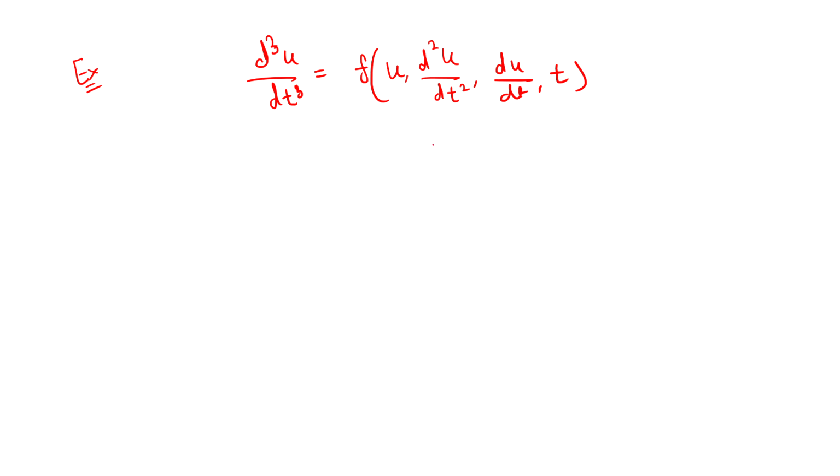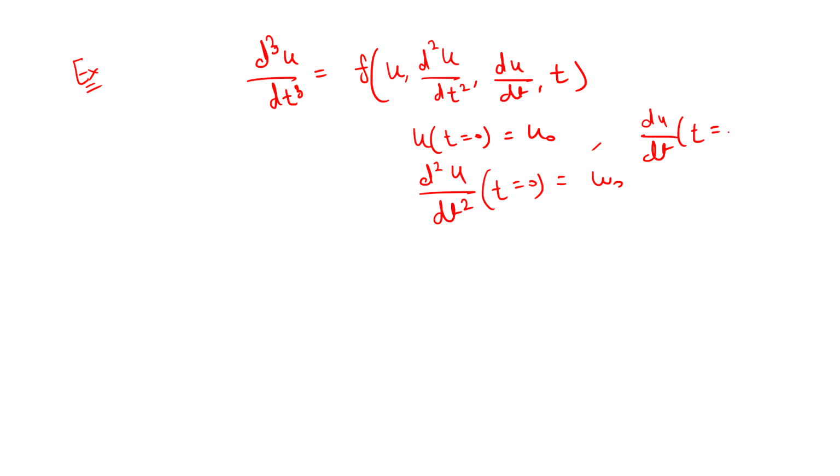Suppose the equation is d³u over dt³ is a function of u, d²u over dt², du over dt, comma t, where it's given that u at t equal to 0 is equal to u naught, d²u over dt² at t equal to 0 is equal to w naught, and du over dt at t equal to 0 is equal to v naught.